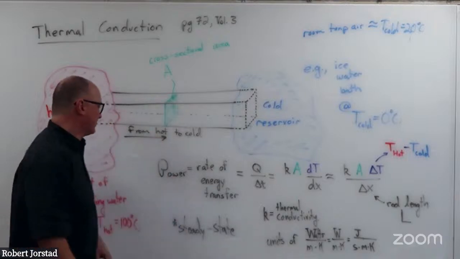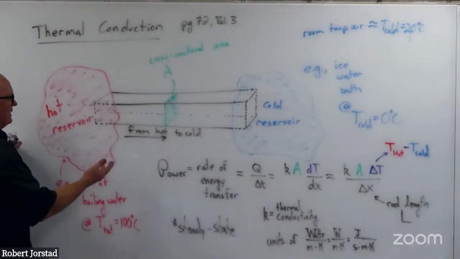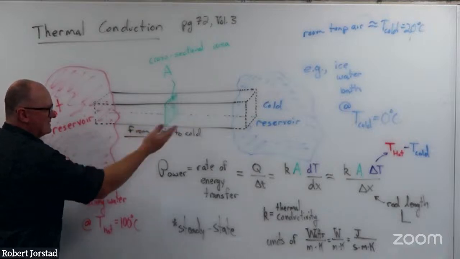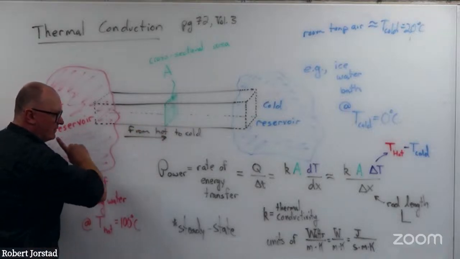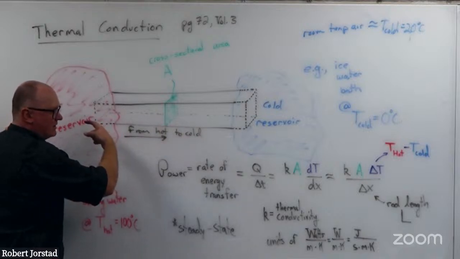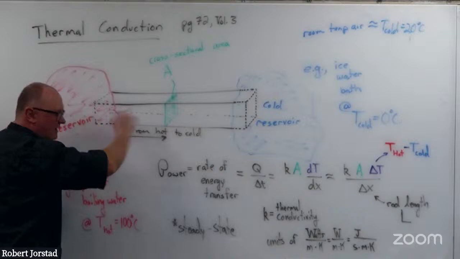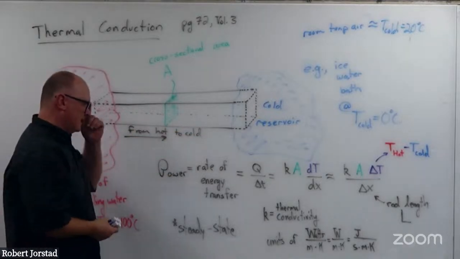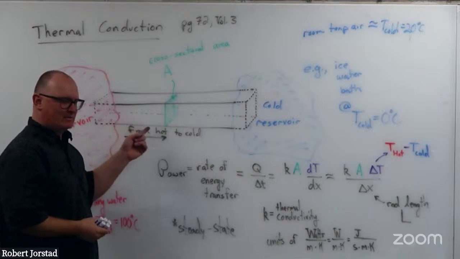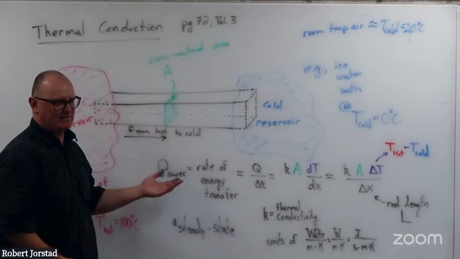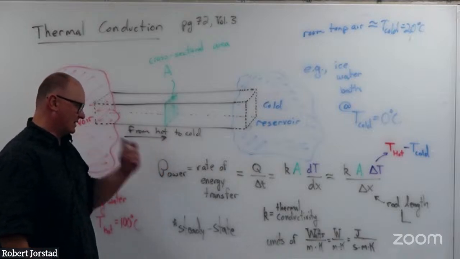But the natural flow of energy, if you put a metal rod between something hot and something cold, is going to flow from hot to cold. Statistically, there might be a couple of random molecules that go this way, but the overwhelming preponderance are going to go that way. All right? You're supposed to know that it goes from hot to cold. I think that's obvious, but it does matter in, I think, one solution.